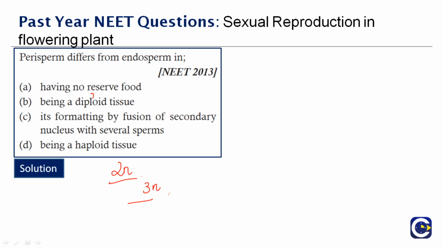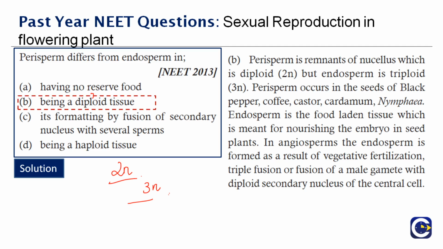In angiosperms, the endosperm is formed as a result of vegetative fertilization, triple fusion, or fusion of the male gamete with the diploid secondary nucleus of the central cell. Therefore, perisperm differs from endosperm in being a diploid tissue, which is option B.